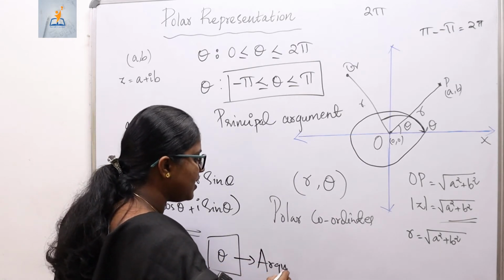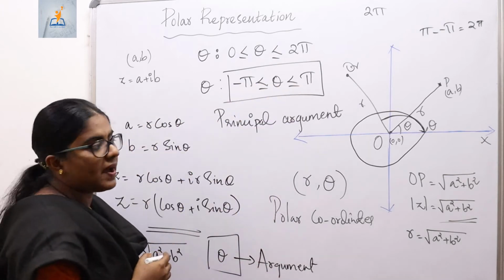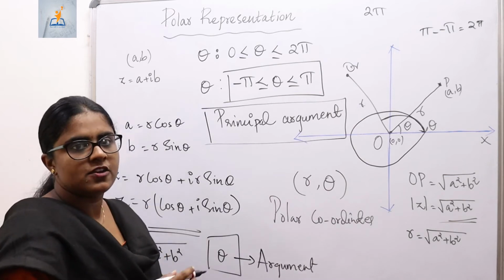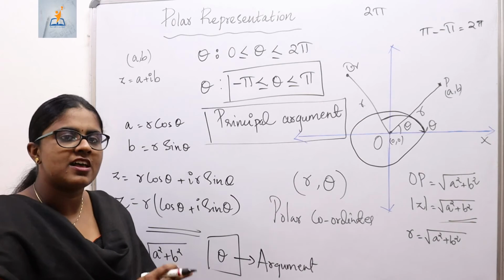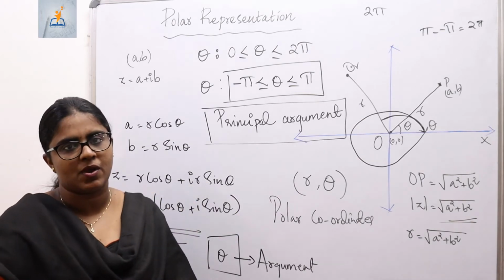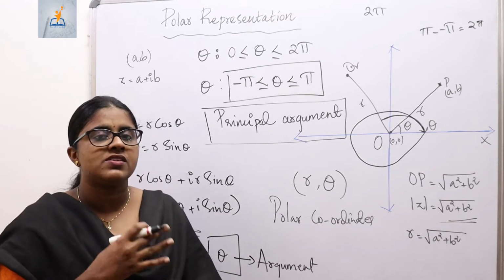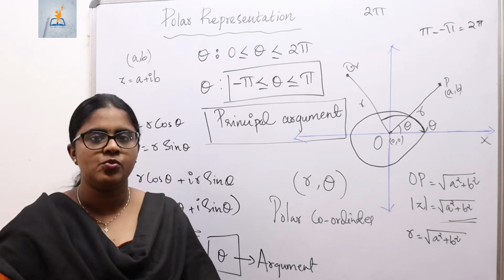And if the value of theta lies between minus pi and pi, then it is called principal argument. So in polar form, we usually write theta as the principal argument and r as square root of a square plus b square. Now we shall solve some problems which ask to represent certain complex numbers into polar form.